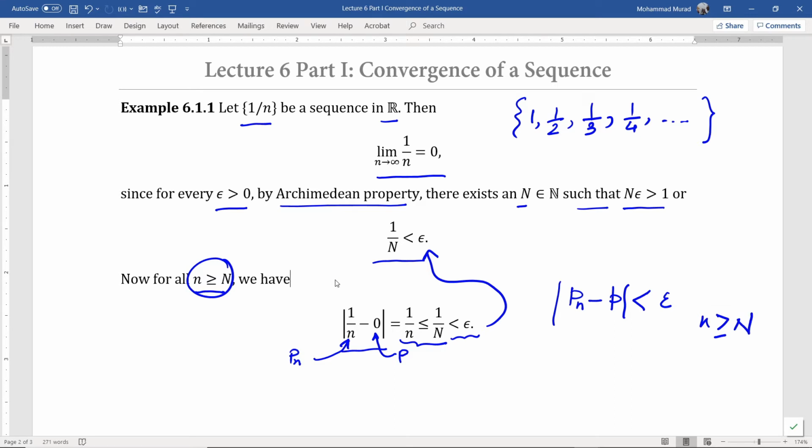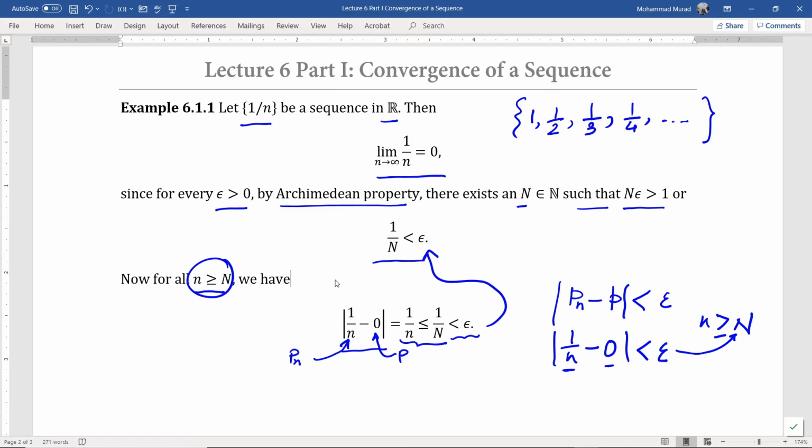In our case, p sub n is 1 over n. The number p is 0. We proved that for every epsilon, there exists some N such that if we pick the index n greater or equal to the fixed integer N, then the absolute value of the nth term of the sequence minus p, 0, would be smaller than epsilon.